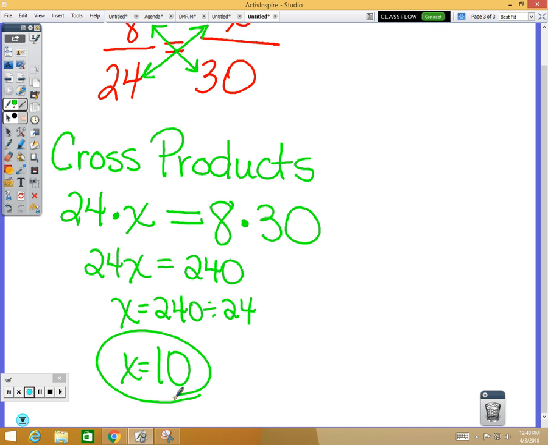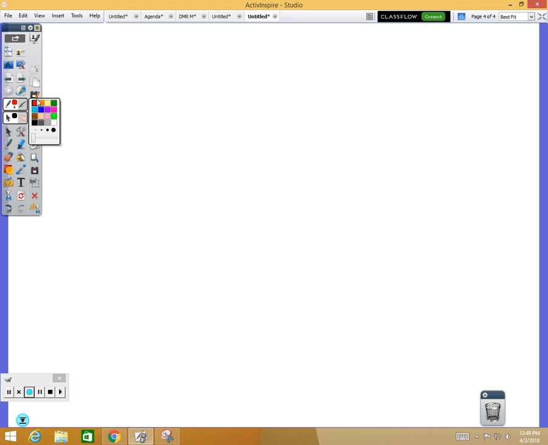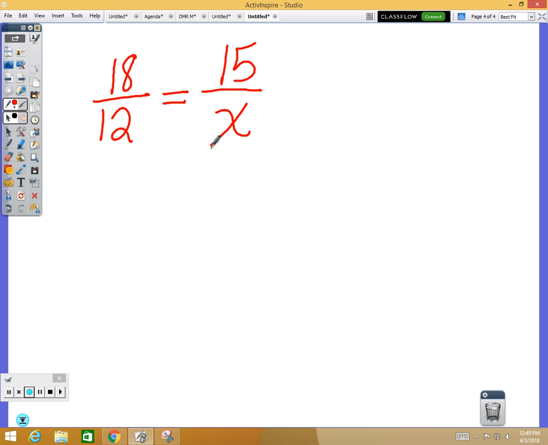Let's do a few more where we're using cross products, okay? How about we have 18 over 12, and it equals 15 over what? So I usually like to start, when I'm doing my cross products, with the pair that has my variable, because I like it when my variable is over on the left-hand side of my equation.